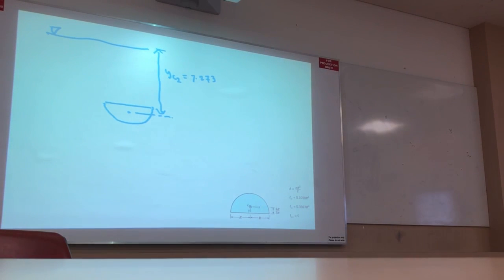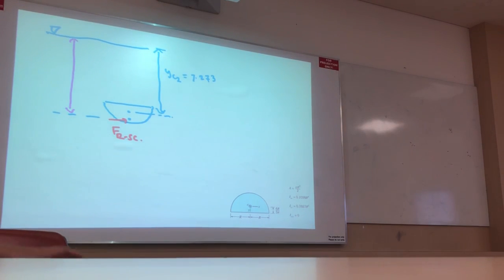So this is the center of pressure. Right? Here is the center of pressure, which is FR semicircle. And the distance from the surface of the water to that point is YR2, right? So what is this value?